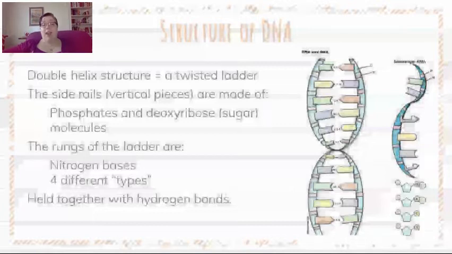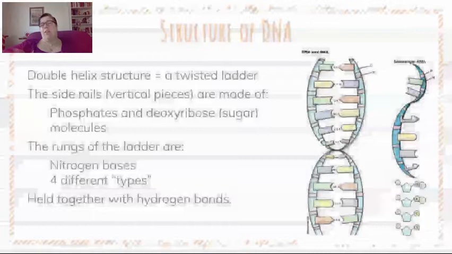Specifically in DNA, that sugar is called deoxyribose. And then the rungs of the ladder are nitrogenous bases. There are four different types of them, and they are held together. So there's one on each side rail, and they're held together in the middle by hydrogen bonds.